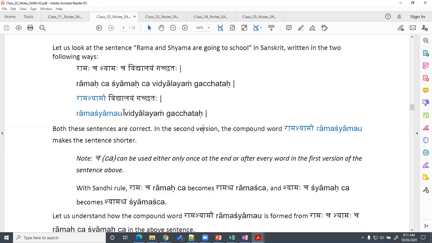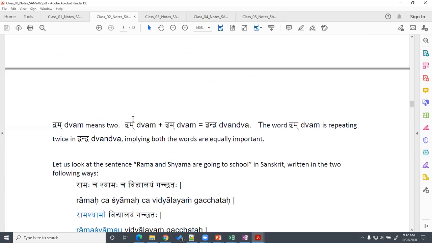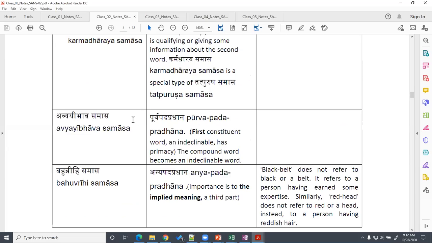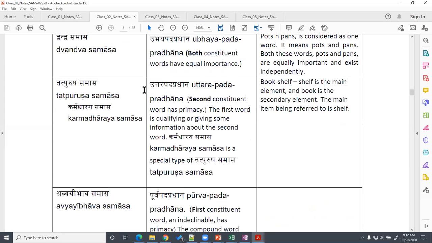Samasa means, one of the meanings of samasa is also to shorten. So it represents the same concept in a shorter form. So that's a Dvandva samasa. Tatpurusha samasa, that is, so in Dvandva samasa, it's both constituents have equal importance, the words.